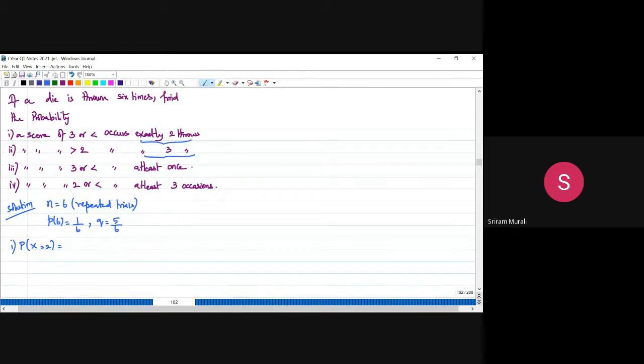We want to find exactly the number of throws, but not the score. The score is fixed. It is based on my result. The throws decide, that is my X.